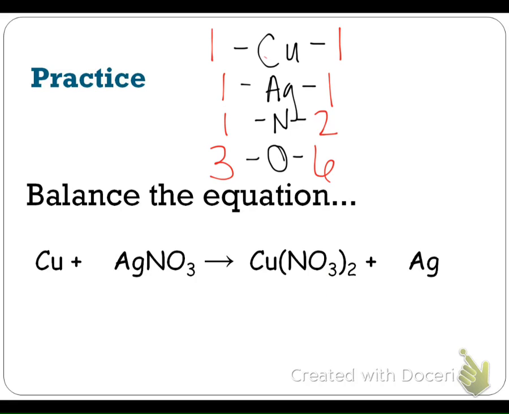Okay, so where do you see somewhere that we need to make a change out of this lineup? Can you see anywhere that we need to make a change? Put a 2 in front of the silver? On which side? Left. Okay, on the left side. So that compound is called what?